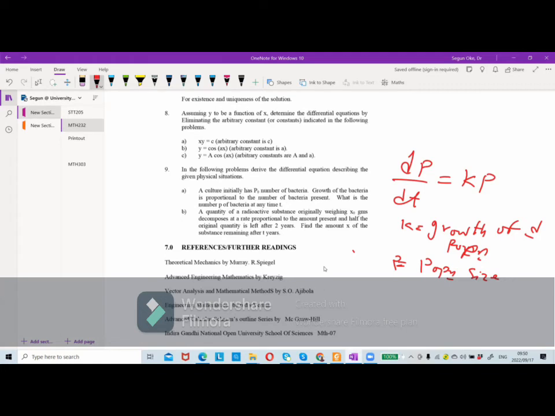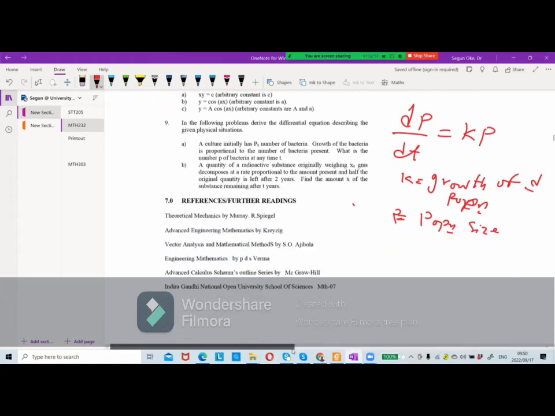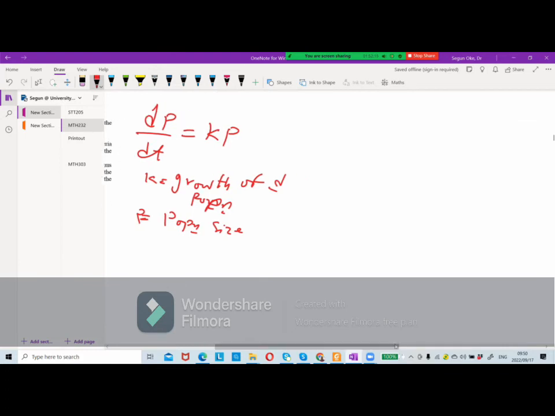Now, if I have something like this, let me just go back to it so that you have an idea. I know that for me to solve this problem, I have dP over dt is equal to KP.